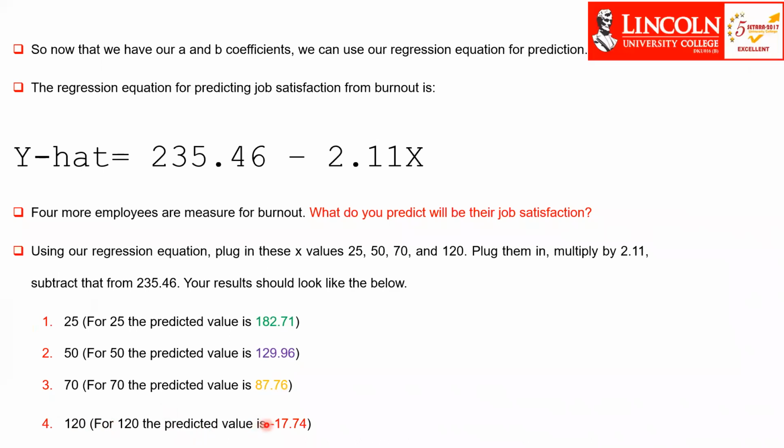When you have 120, you are going to have minus 17.74. One thing you should notice is that when you increase the value of X, the value of Y keeps on reducing, meaning that the higher the burnout, the lower the job satisfaction.